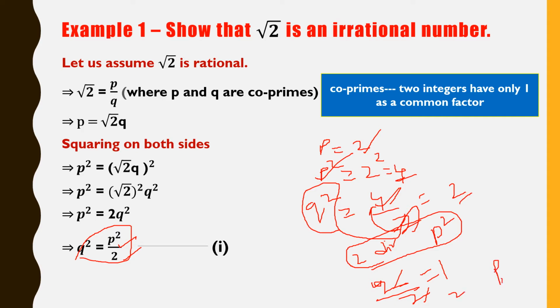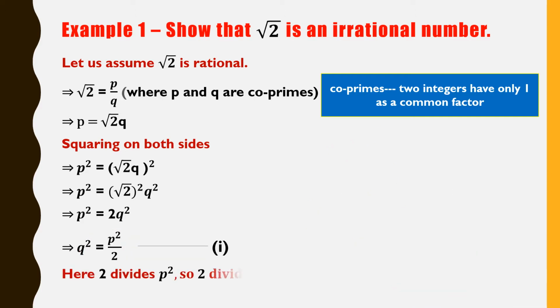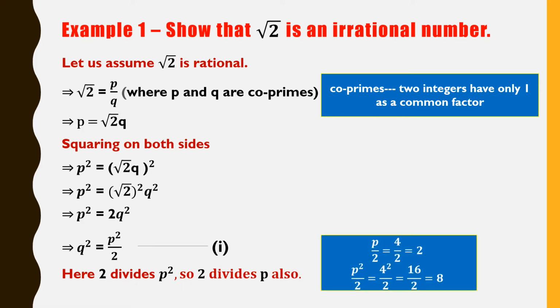That means if the square of a number is divisible by 2, then that number is divisible by 2 also, without the square as well. So 2 divides P square, so 2 divides P also. I'll take one example: if I take P as 4, 2 divides this P, right? If I take the square of that P, then 2 divides this P square also.